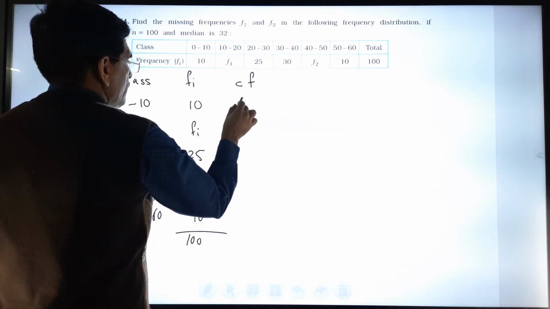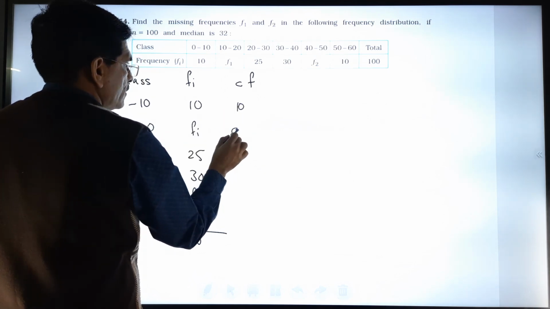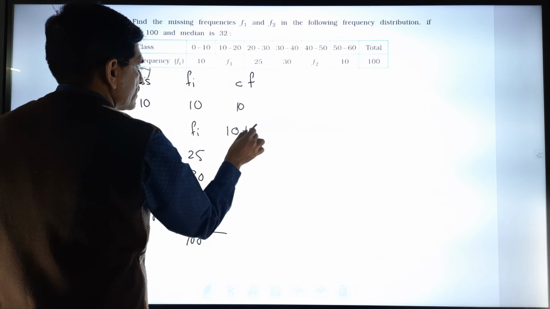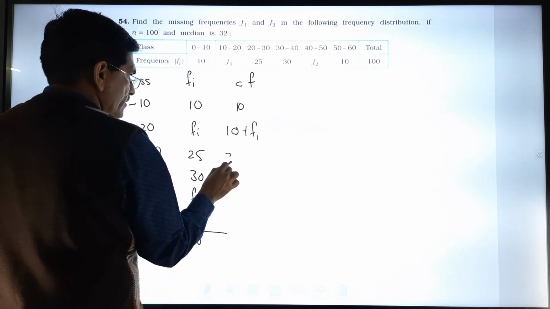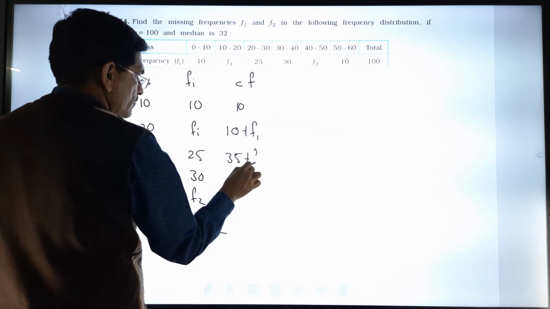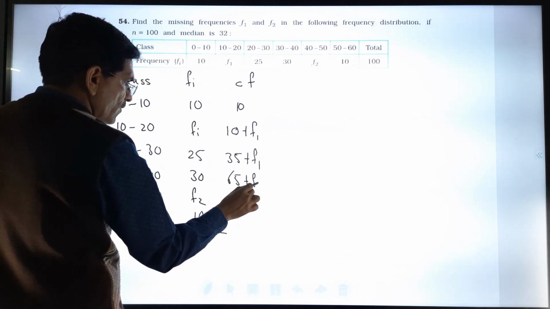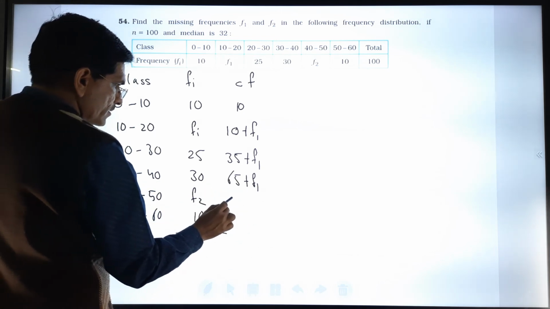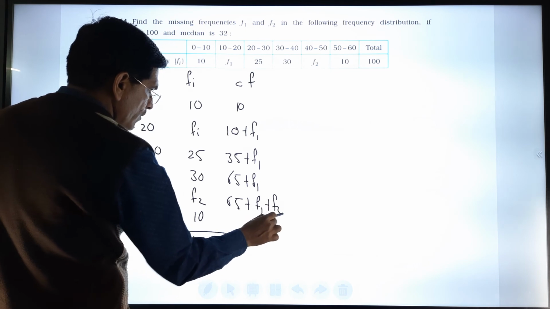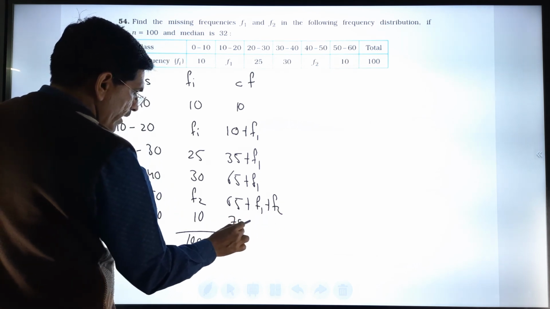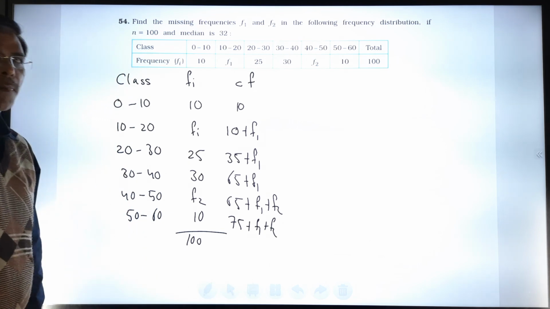So 10, then 10 plus F1, then 10 plus 25 is 35 plus F1, 35 plus 30 is 65 plus F1, then 65 plus F1 plus F2, and 75 plus F1 plus F2.